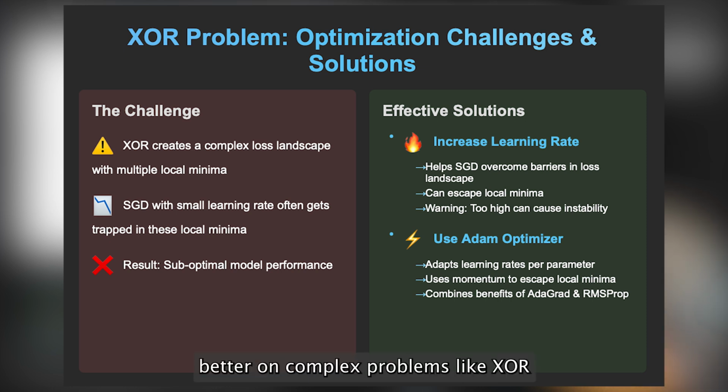Adam often performs better on complex problems like this XOR because it adapts learning rate for each parameter. It incorporates momentum to help escape local minima, and it combines the benefits of AdaGrad and RMSprop optimizers.